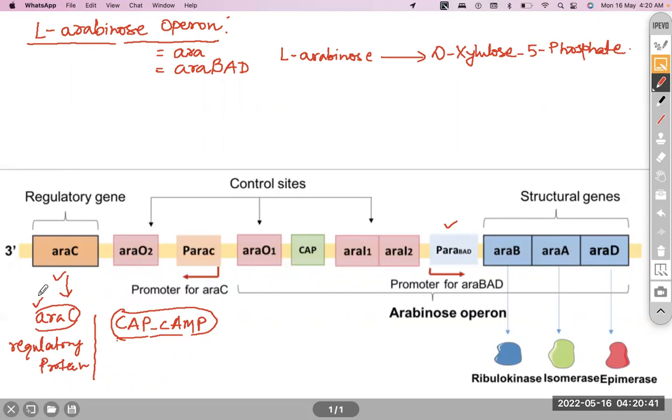साथ ही साथ RAC protein not only controls the expression of araBAD, but also auto-regulates its own expression. How?